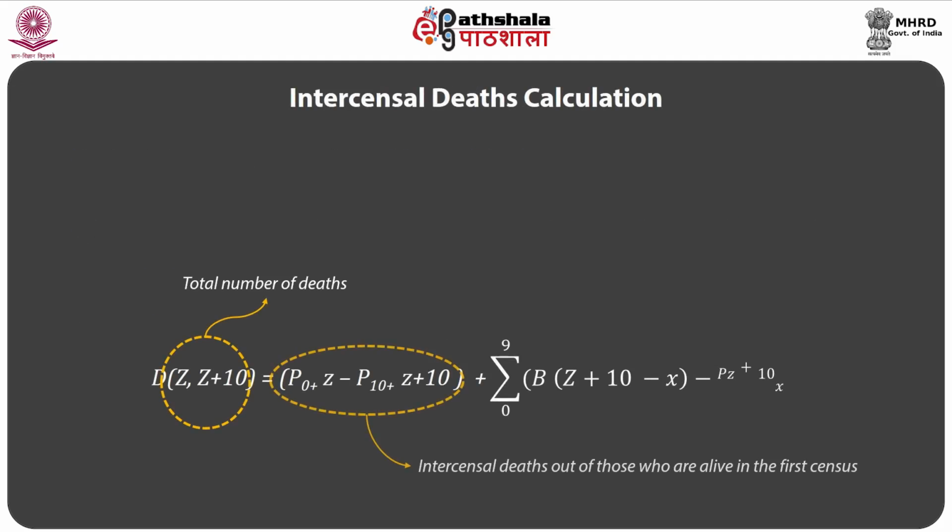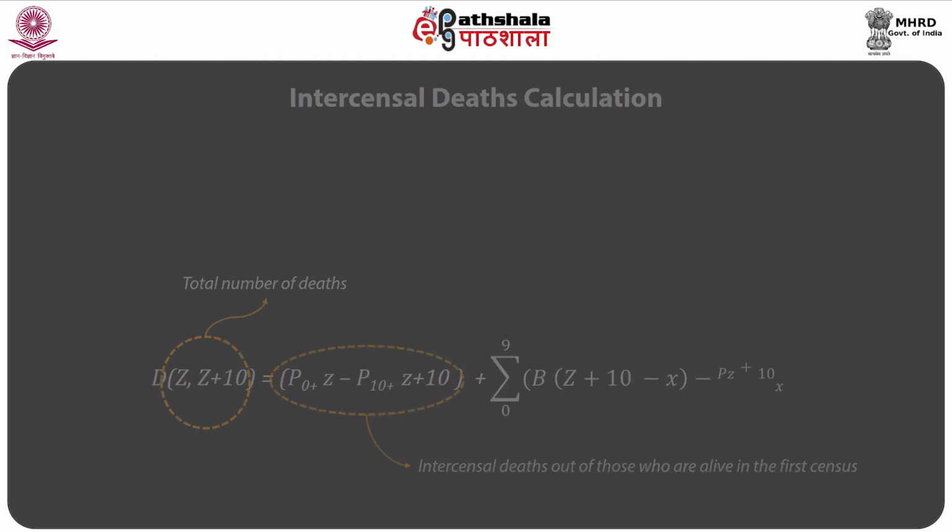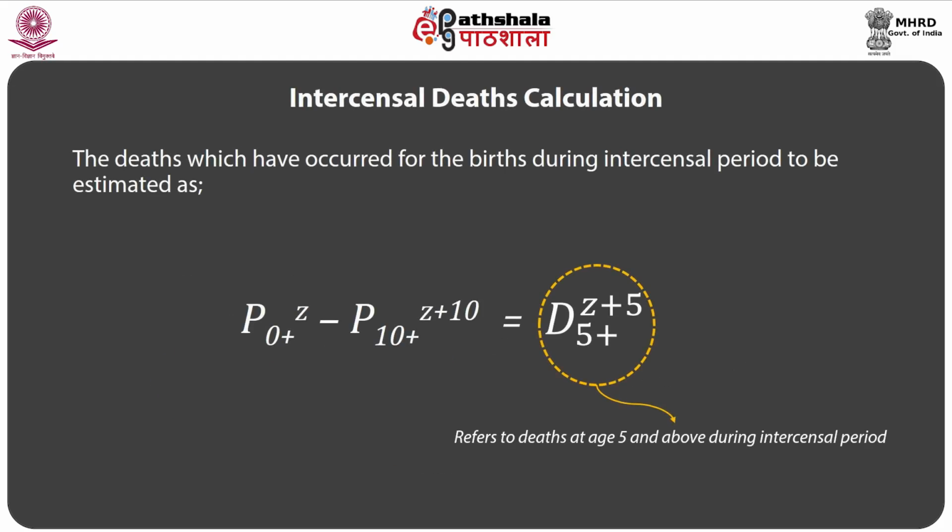The total number of deaths during z to z+10 equals D^(z,z+10) equals P_0^z minus P_10+^(z+10) plus the summation over x from 0 to 9 of B^(z+10-x) minus P_x^(z+10).